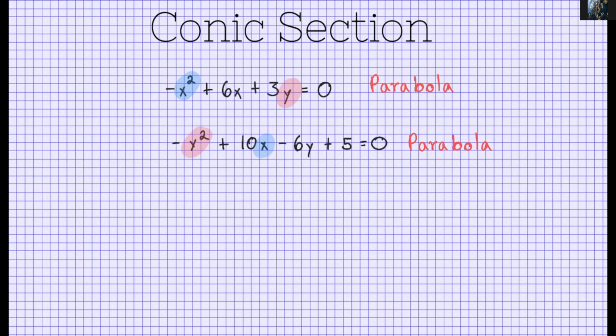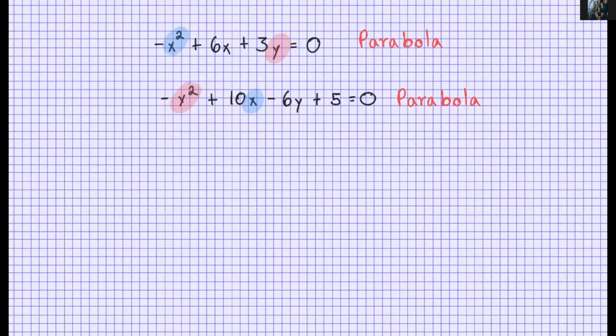Now, what happens when I have both of them squared? Here are the three different possible scenarios. First, I can have both of my variables squared in this way. And if both of them are positive and both of them have exactly the same coefficient, then what I'm looking at is a circle.